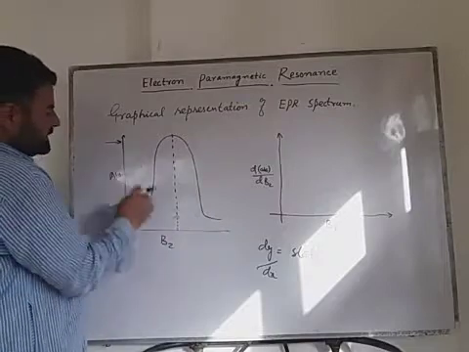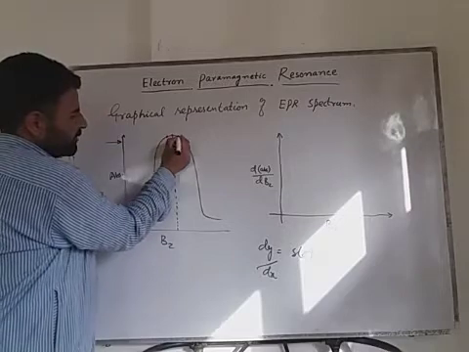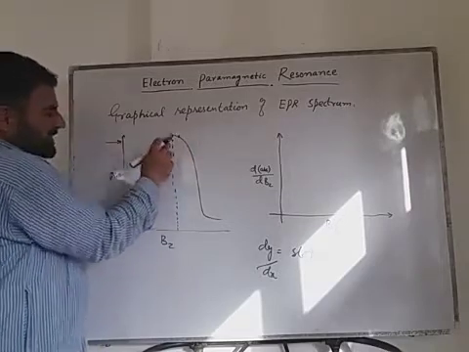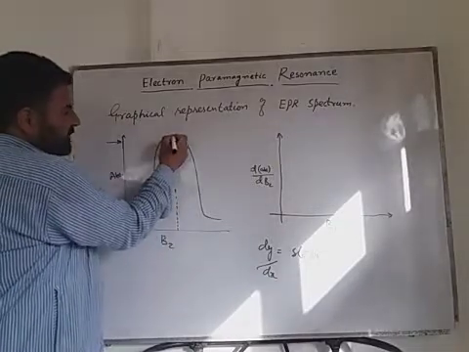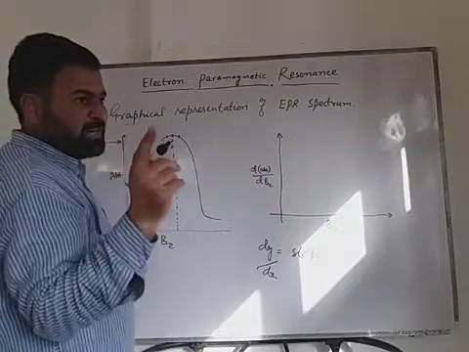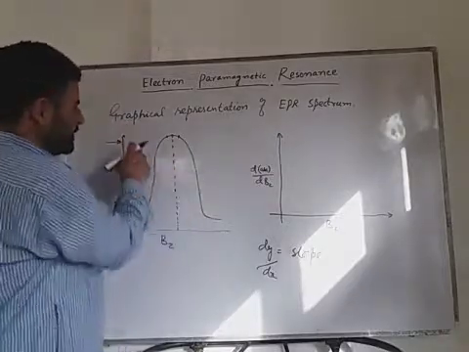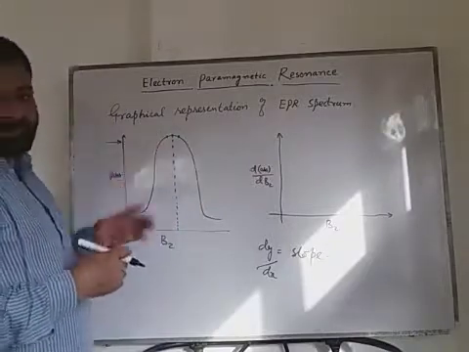If we see from this point to this point, the value of y is not changing that much with respect to x. That means at a particular point there will be exactly no change, 0 change of y with respect to x, and that will be the maximum point.